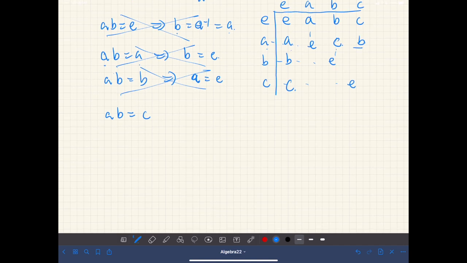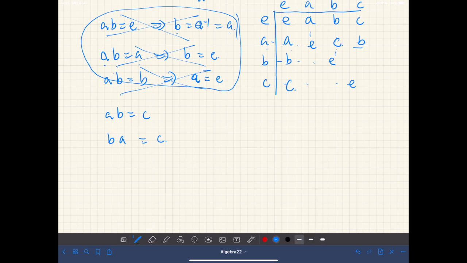Okay, and similarly, BA should be equal to C. Otherwise, there will be similar difficulties as these ones.